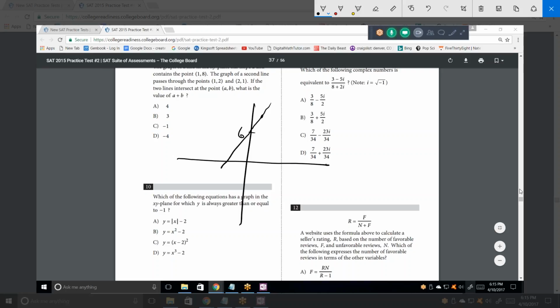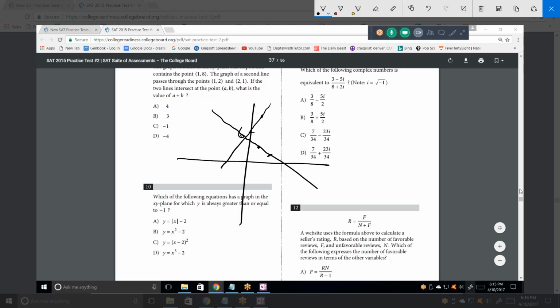Yep. And then you can just use the change in y over change in x. Yeah, the second line goes through 1, 2, which is right there, and also 2, 1, which is right there. So that's the picture.